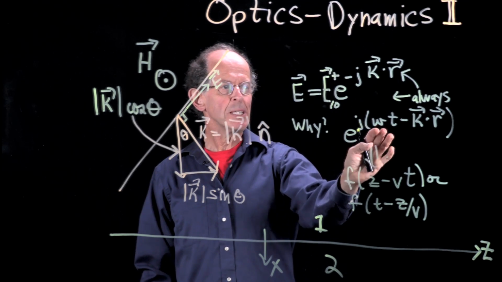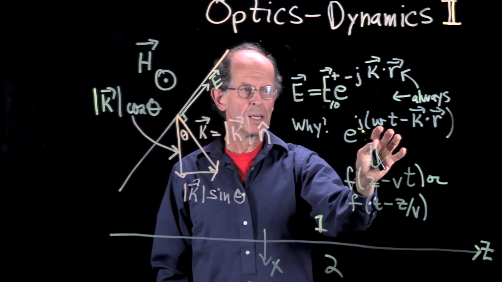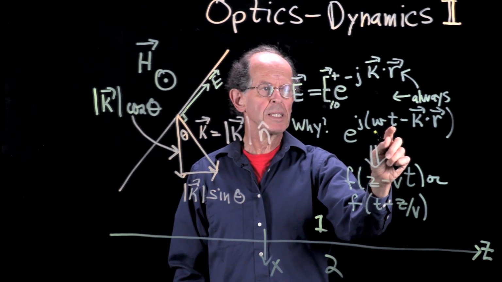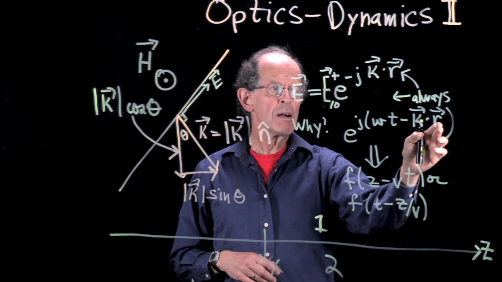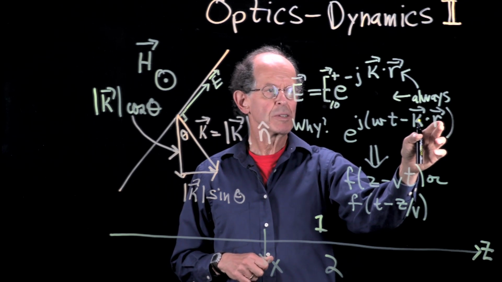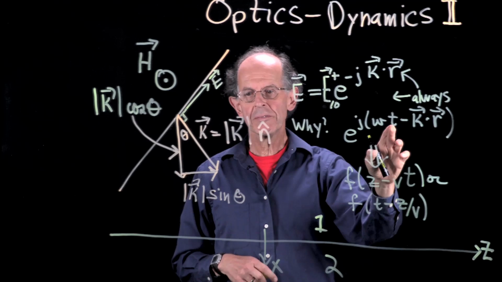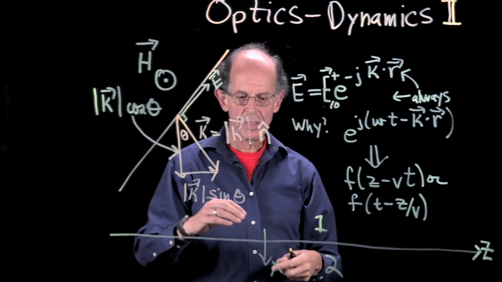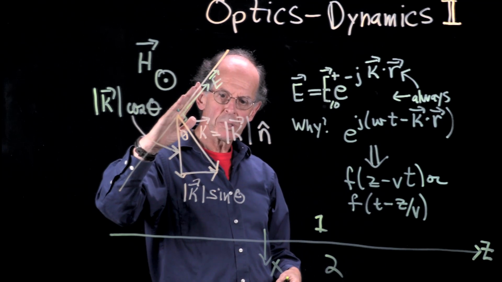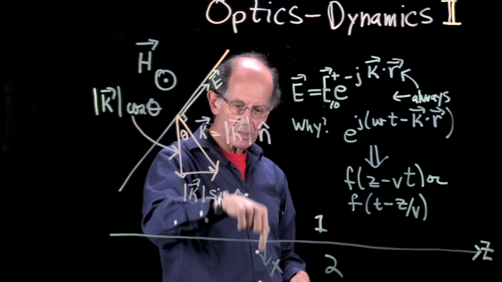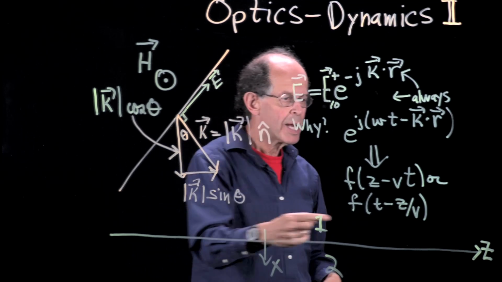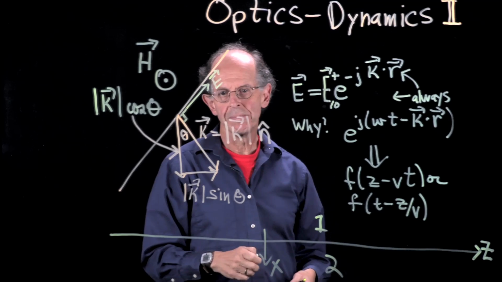Well, if we put in the time dependence, e to the j omega t minus k dot r. As r increases or decreases, time evolves. Now in this case, the plane is moving in this direction. It's in the direction of increasing x and increasing z.